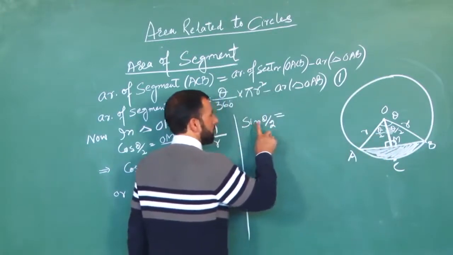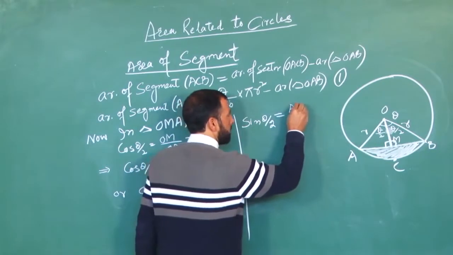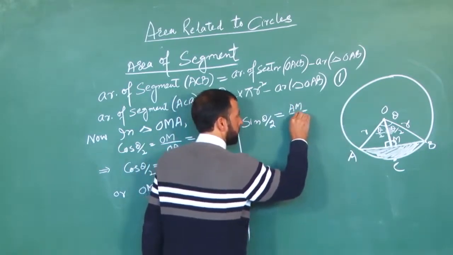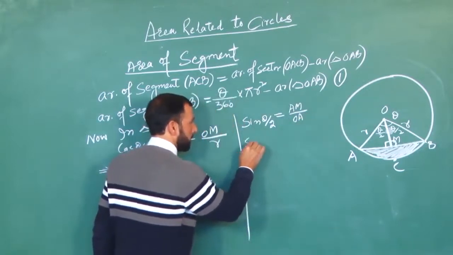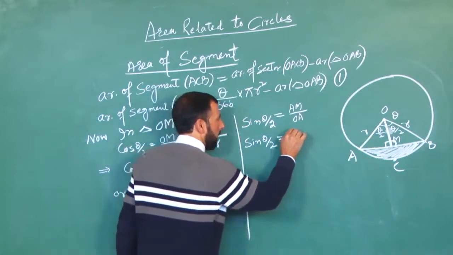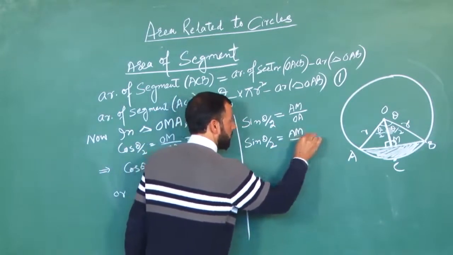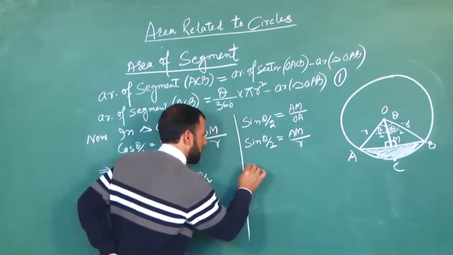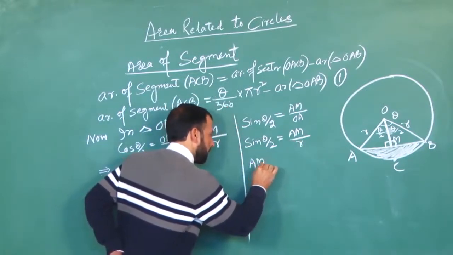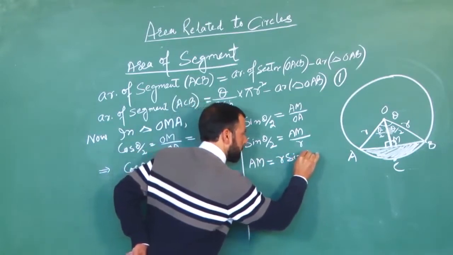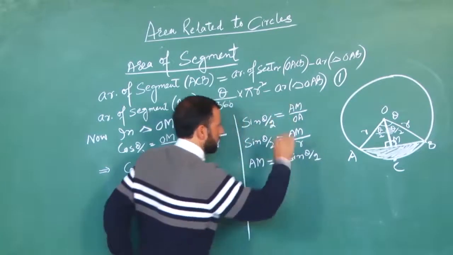So this is the perpendicular, that means AM divided by the hypotenuse, OA. Now sine theta by 2 is equal to AM divided by OA. OA equals the radius R. That means AM is equal to R sine theta divided by 2.